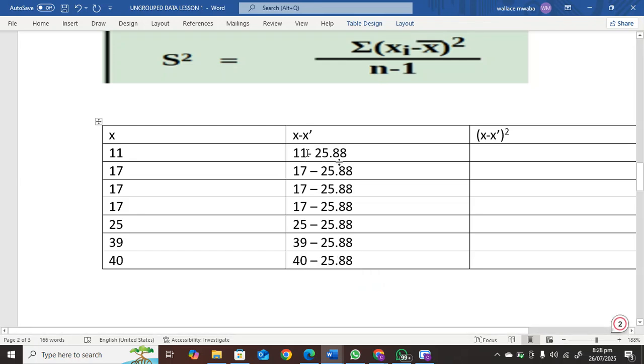So 11 minus 25.88 is negative 14.88. Then when we square negative 14.88, what do we get? Just give me two decimal places.